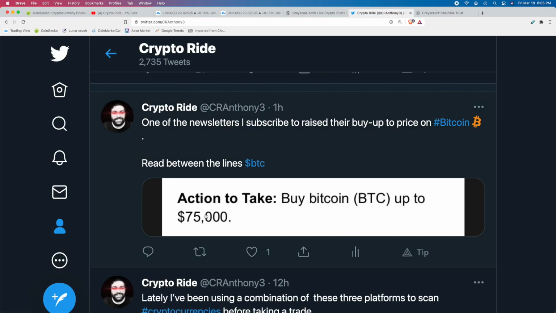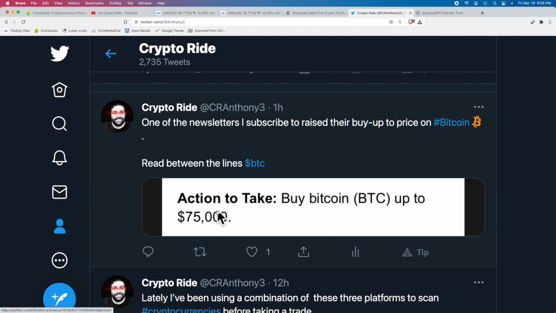And this is a reputable newsletter, guys. I'm not going to tell you the name of it because I don't want to sell them out. But they are saying that Bitcoin is still undervalued. Even at $75,000, they're putting their reputation on the line and telling their paid subscribers that if they make the purchase, even at $75,000, they will eventually be in profit.